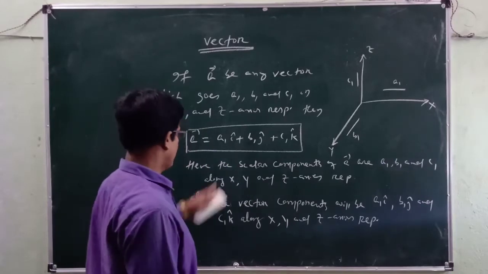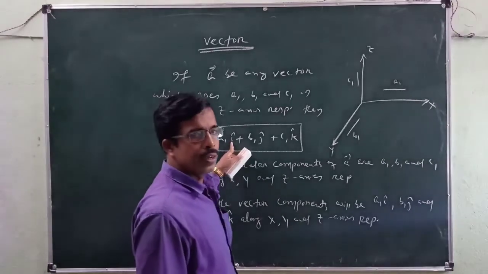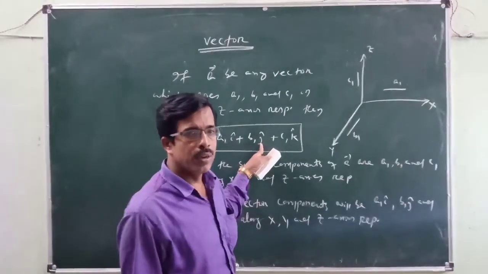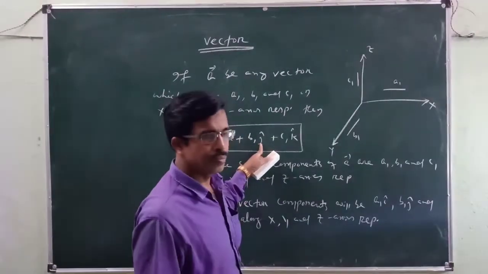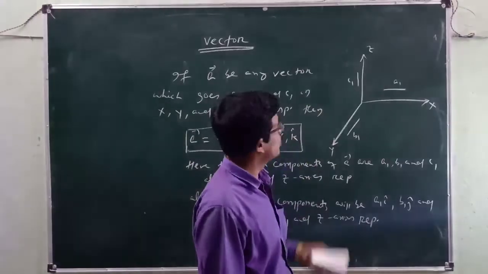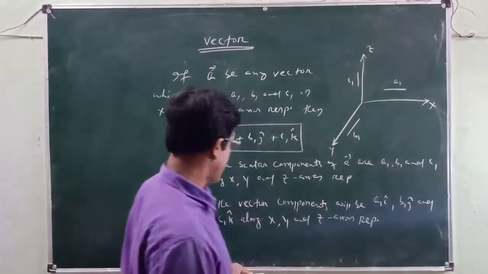Okay, where I cap is called the unit vector along X axis, J cap is called the unit vector along Y axis and K cap is called the unit vector along Z axis.